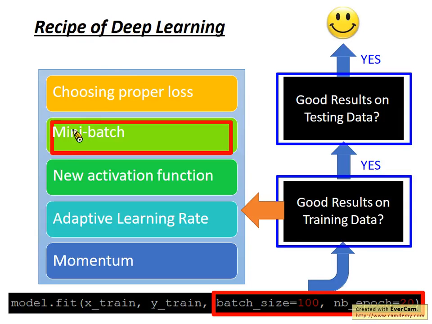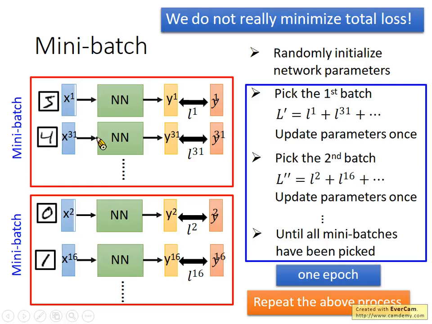The second tip is called mini batch. Remember that when we calculate the loss function, basically we put all the training data into the neural network, predict the result of all training data, and then compare the predicted result with the ground truth.